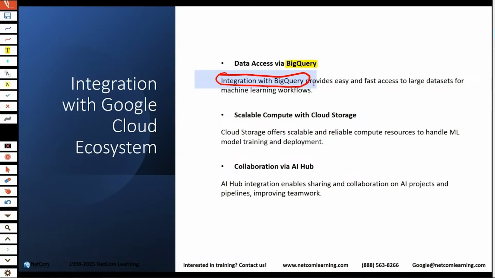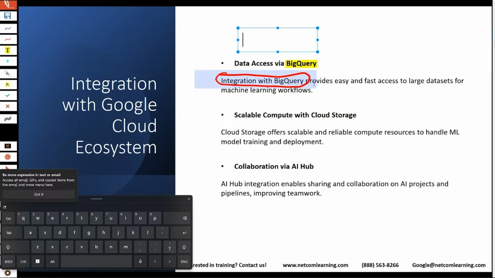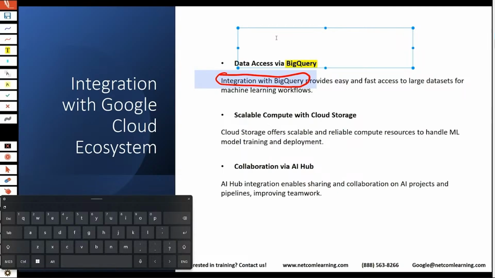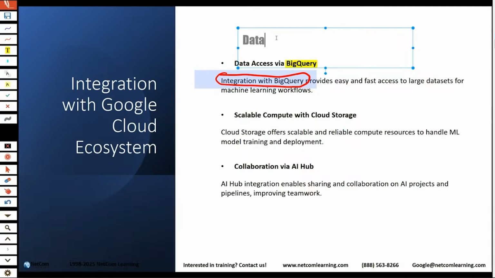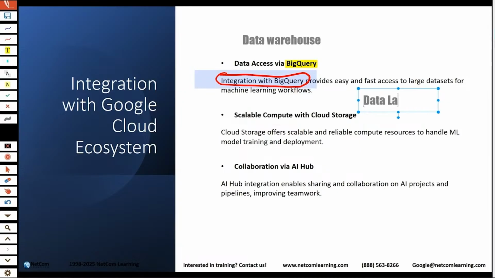Now, BigQuery is what we call a data warehouse. And for some machine learning models, we also need a data lake. Those who have worked in this know that there is a subtle difference between a data lake and a data warehouse.